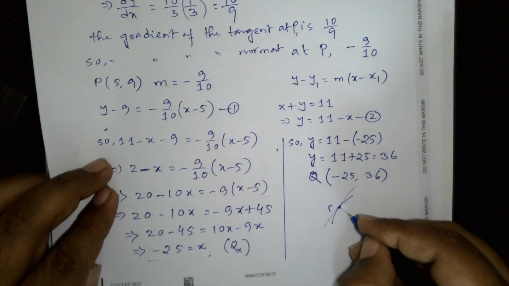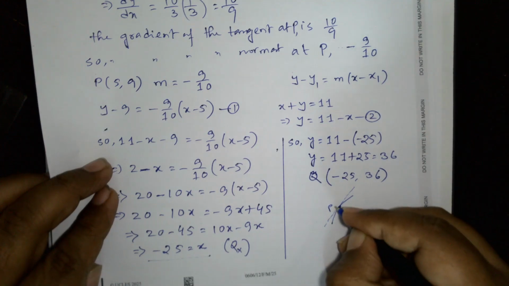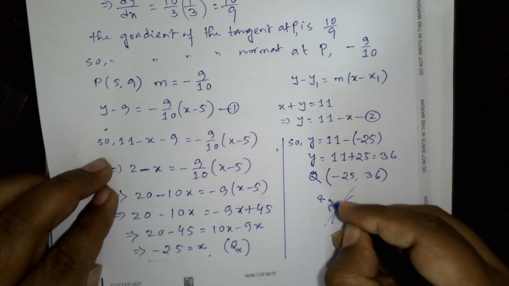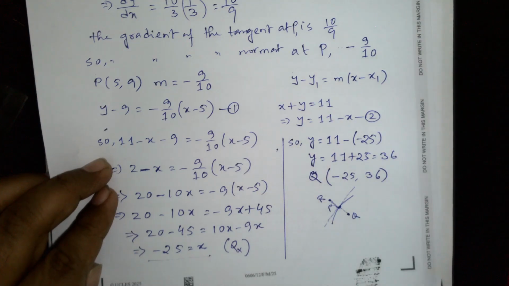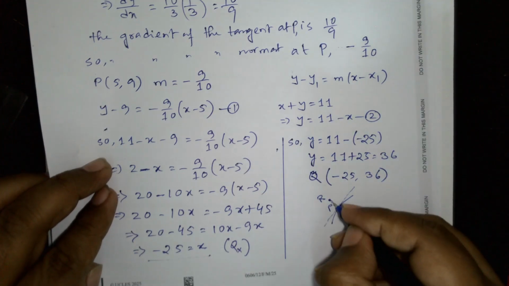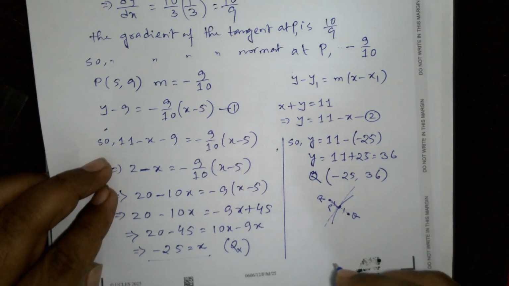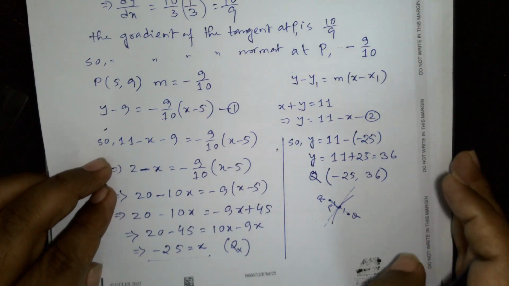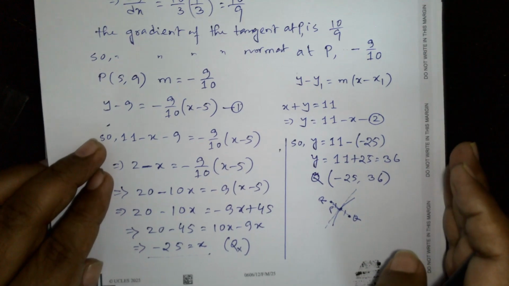So if Q is here, R must be an equal distance from P. That means this distance and this distance are equal. My drawing is not good, but keep up with the concept.